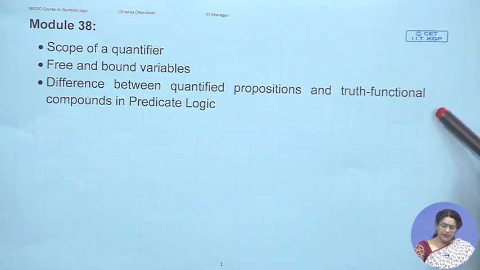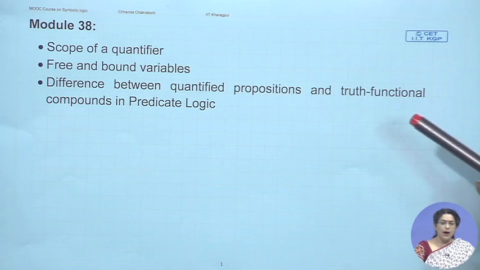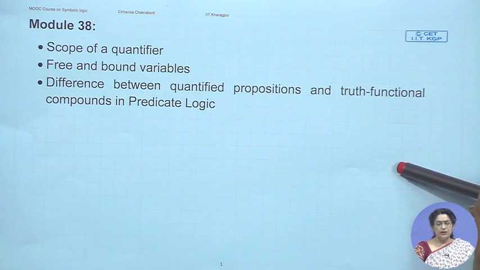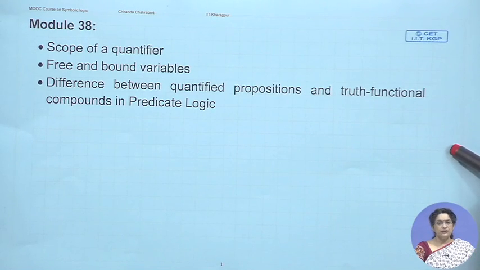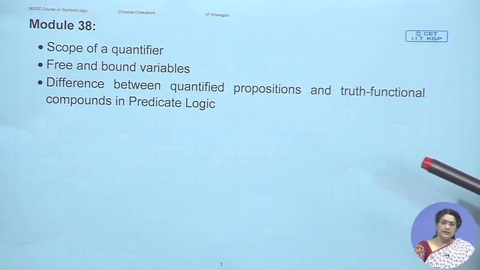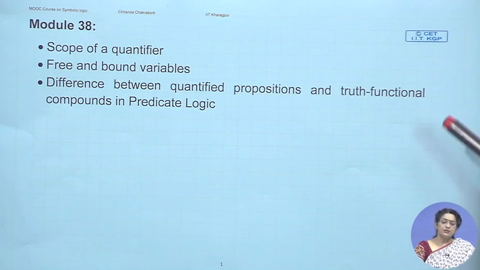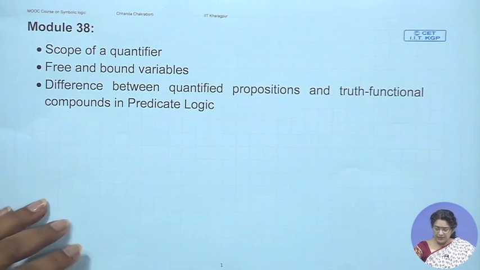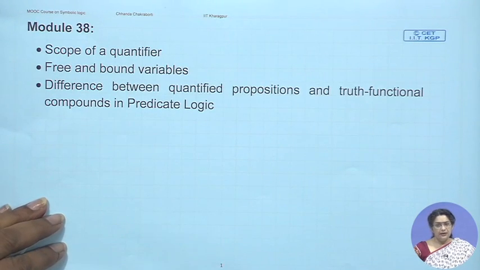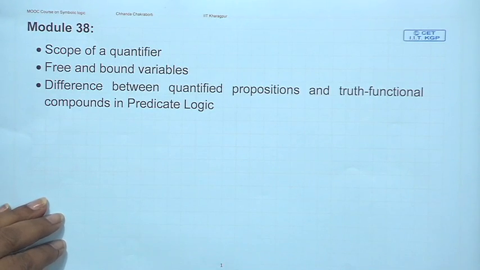We have both kinds present in predicate logic. So, some of you might be confused why we are calling this proposition quantified, why we are calling this one a truth functional compound. That confusion should be cleared. So, we will talk about that also. This is what we are going to discuss today in our module number 38.